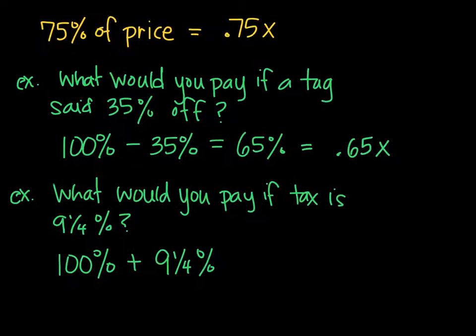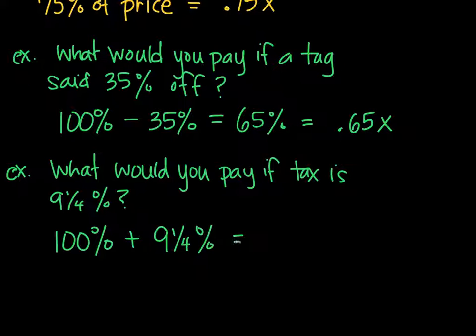If you have tax and you're adding, we're going to add 100 and then the 9.25%, which is going to be 109.25, which is the decimal to represent the fraction. Okay, a quarter becomes 0.25.